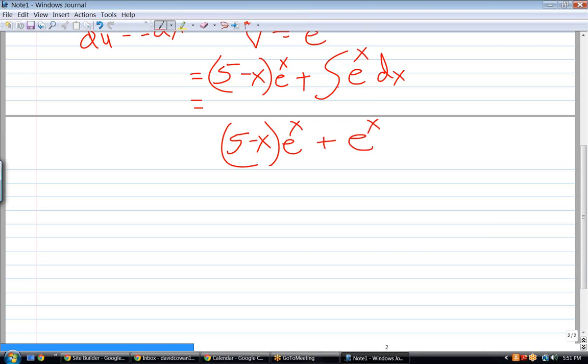Once we find the antiderivative for e to the x, we lose the integral sign and we lose this differential. So it's really plus e to the x plus c. So that's what the integral of this is equal to.